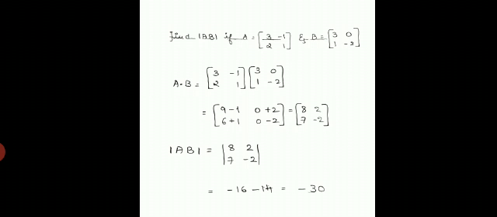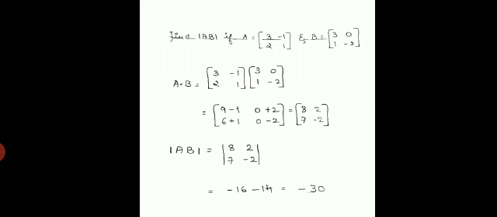Now find the determinant of the resultant matrix AB. So the AB answer we know is 8, 2, 7, minus 2. So write them within two parallel lines, and diagonally you cross multiply and find the difference between the numbers.